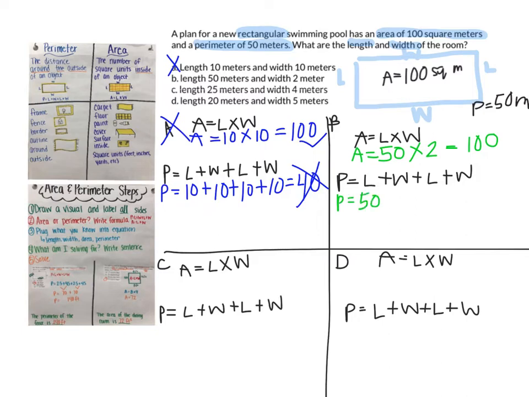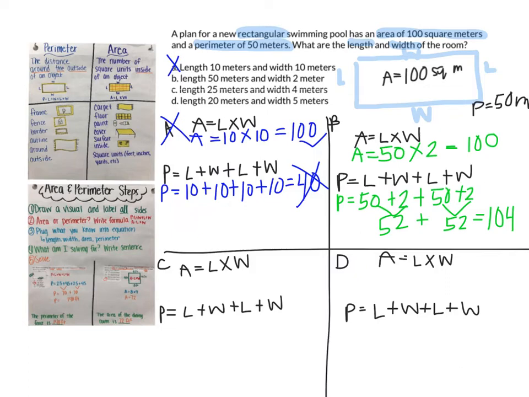Perimeter equals 50 plus 2 plus 50 plus 2. We can add to solve. 50 plus 2 is 52. 50 plus 2 is 52. 52 plus 52 is 104.